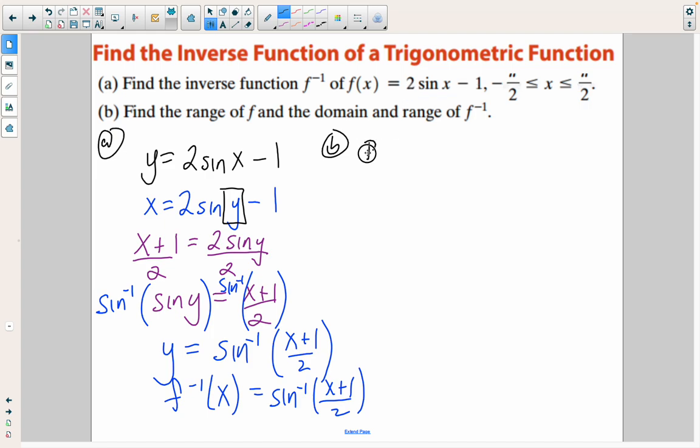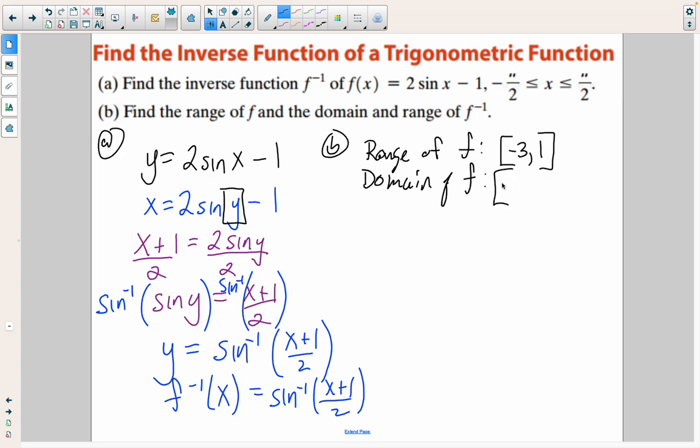And so the range of f is going to be from -3 up to 1. The domain of f, well, they give us that it's negative pi over 2 to pi over 2.